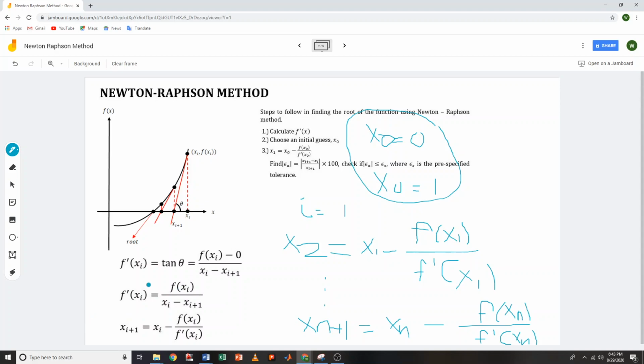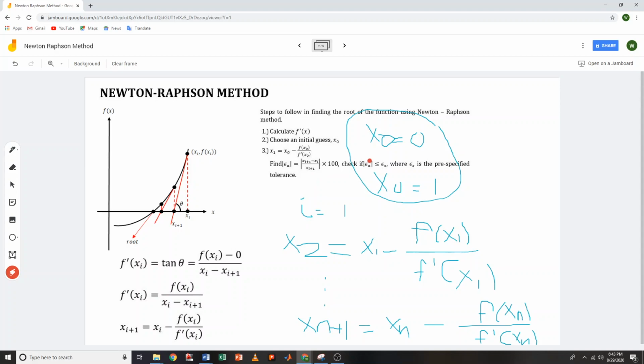After which you have to evaluate f prime of xi, or f prime of xn, and so on. And then you find the error that is denoted by this formula: xi plus 1 minus xi all over xi plus 1 times 100.